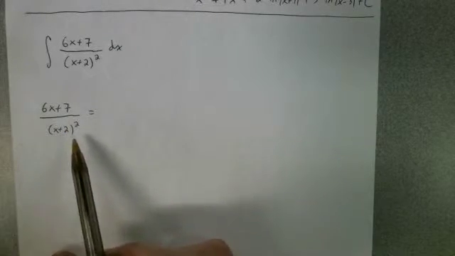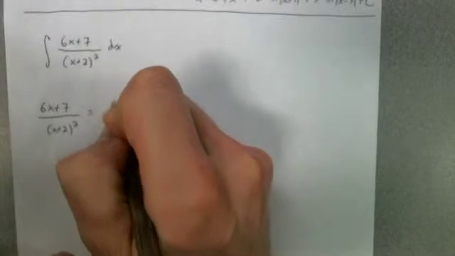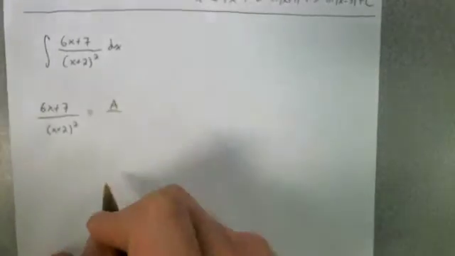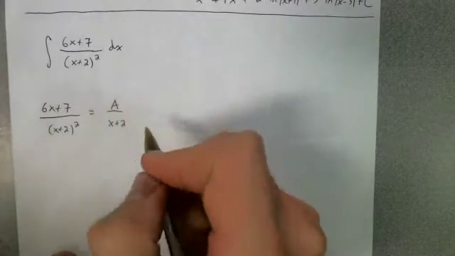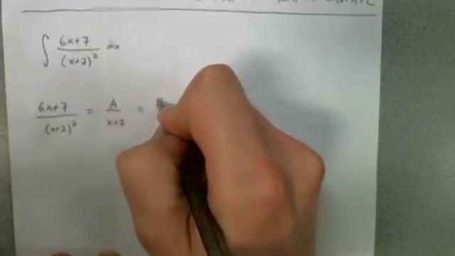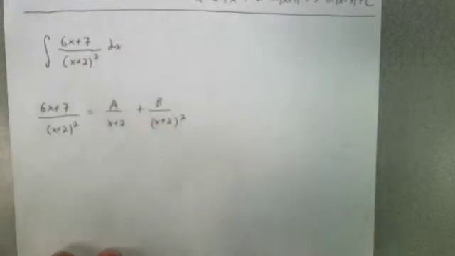When this happens, when you have a repeated factor, your guess needs to change. So you're going to guess that this is going to look like A over (x + 2) plus B over (x + 2) squared.